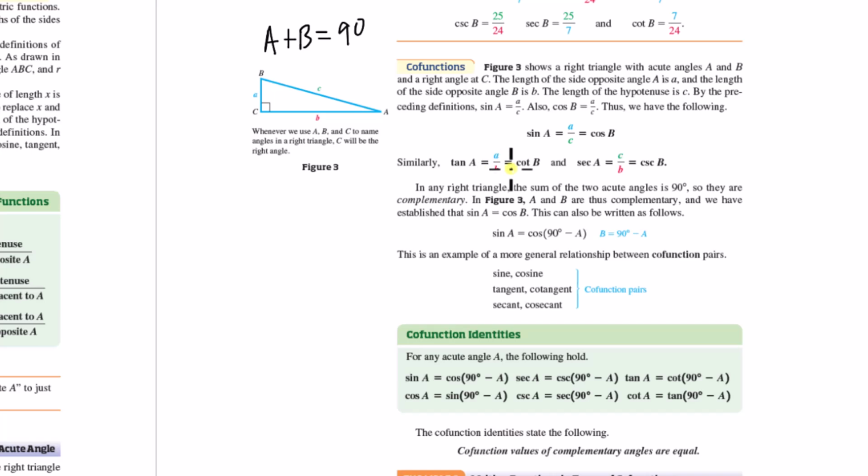You could say tangent A is equal to cotangent of, what would it be? It would be 90 minus A. Or you could say tangent of 90 minus B is equal to cotangent B. And that's the cofunction identities, right? If you come here, there they are.